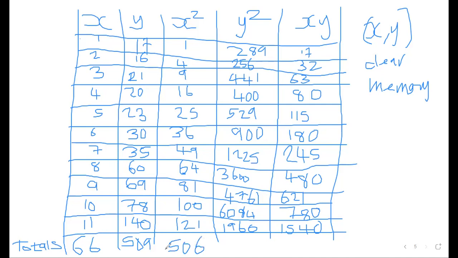Then getting down, summation of Y squared, you can even compute manually. It's 38,085. Summation of XY, 4153.